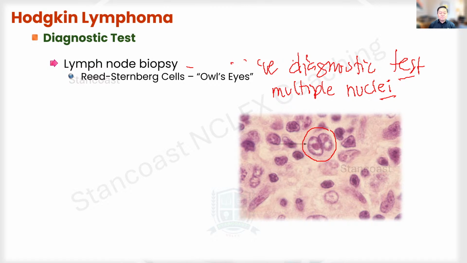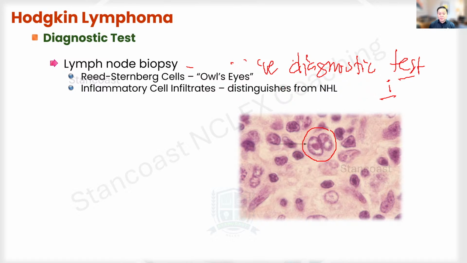The lymph node biopsy can also determine any of the inflammatory cell infiltrates, which really distinguishes Hodgkin lymphoma from non-Hodgkin lymphoma. This is really the distinguishing characteristic of this type of cancer.